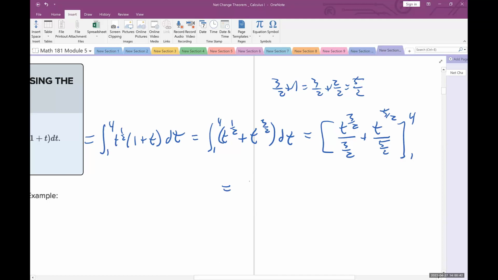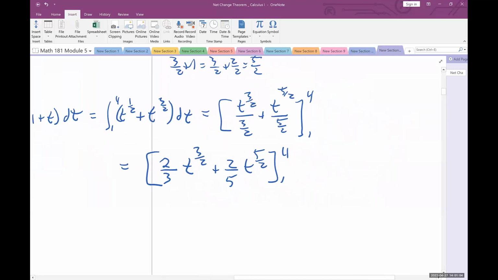If you don't mind, I like one more step. Again, this might be a waste of time for everyone else. I'm going to clean up those fractions a little bit: 2/3 times t to the 3/2 plus 2/5 times t to the 5/2, from 1 to 4. That's a personal preference, to do things in a few more steps. Now I'll apply my limits of integration.